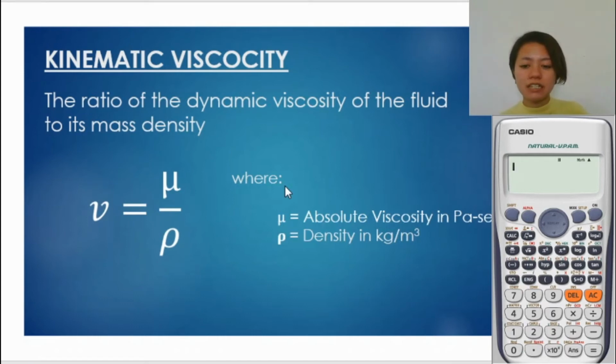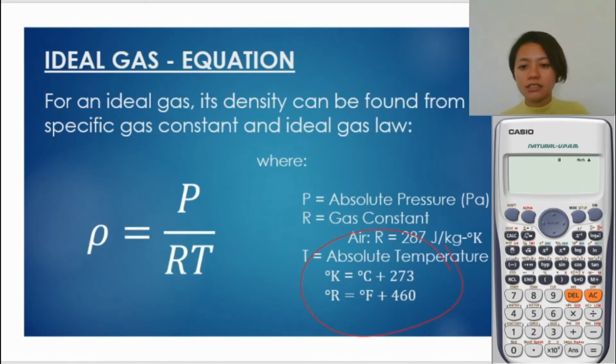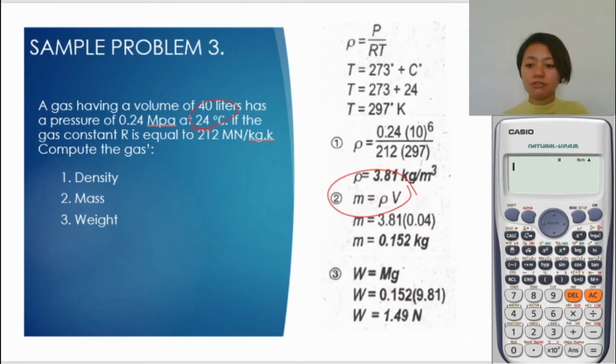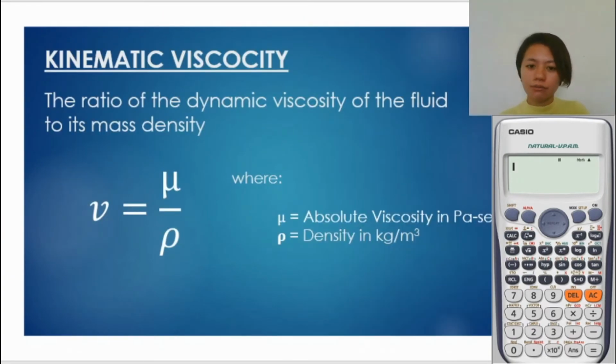So we have nu equals mu over rho, where mu is your absolute viscosity in Pascal seconds, and rho is your density in kilograms per meter cubed. The formulas are short, you just need to remember what to input, same with your ideal gas equation, bulk modulus of elasticity and coefficient of compressibility.